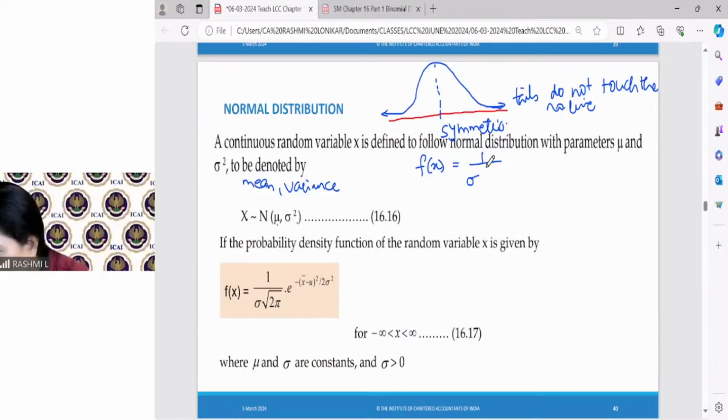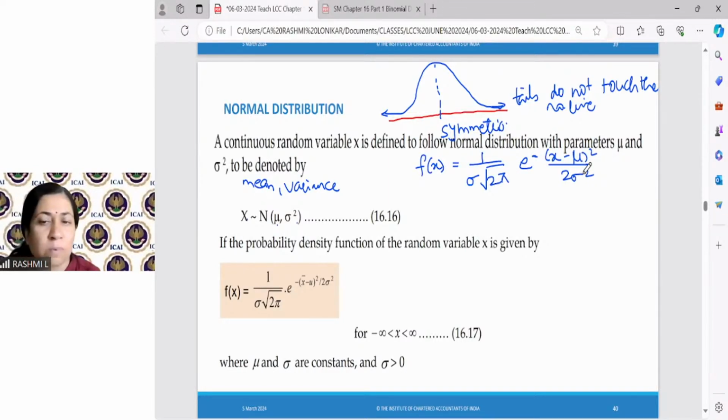1 upon sigma square root of 2 pi, e raised to minus (x minus mu) whole square upon 2 sigma square.